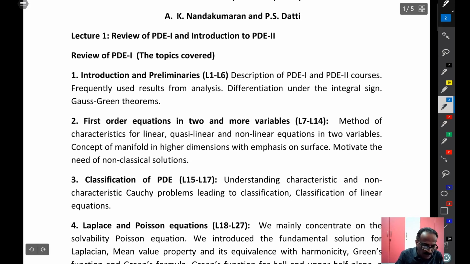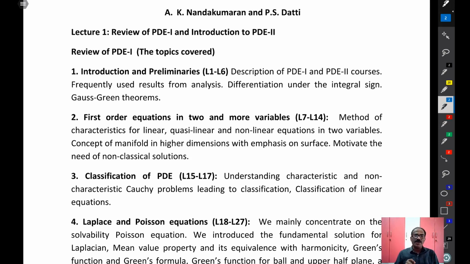We began this course by giving a basic introduction to PDE and some preliminaries required. Again, we advise the students to go through the preliminaries mentioned in PDE1, especially the understanding of the domain and its regularity, integration by parts, especially the Gauss-Green theorems and Stokes theorems, and the basic analysis: convergence, uniform convergence, and various other elementary things.